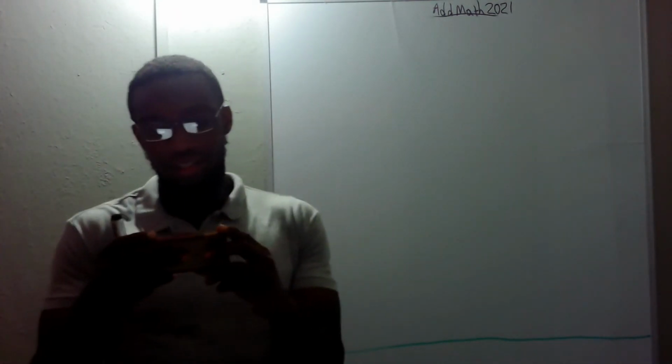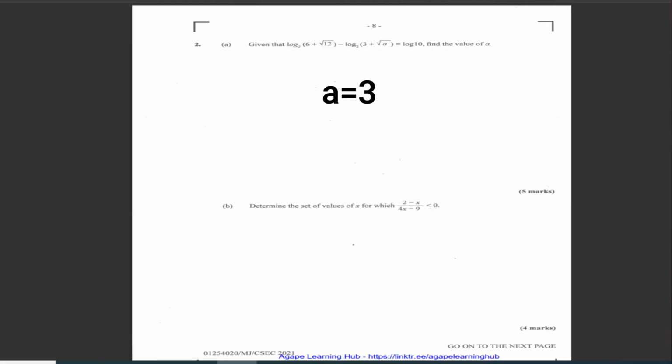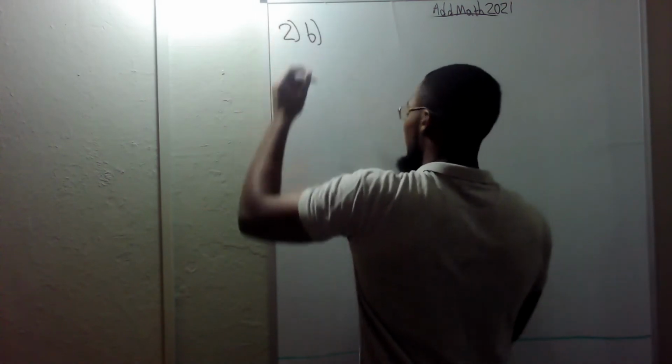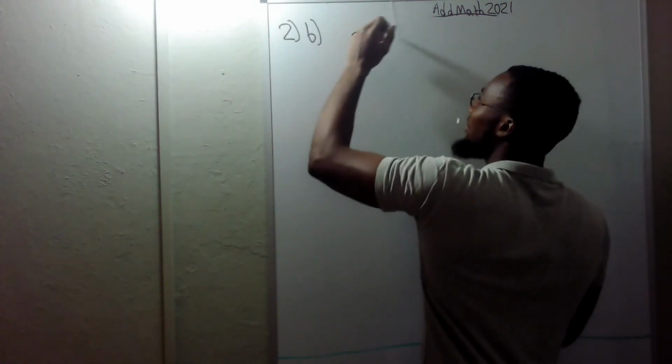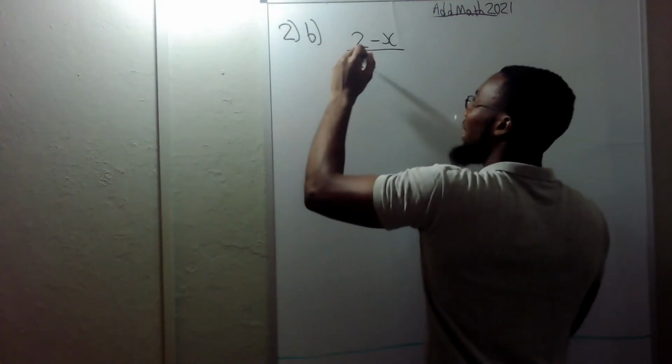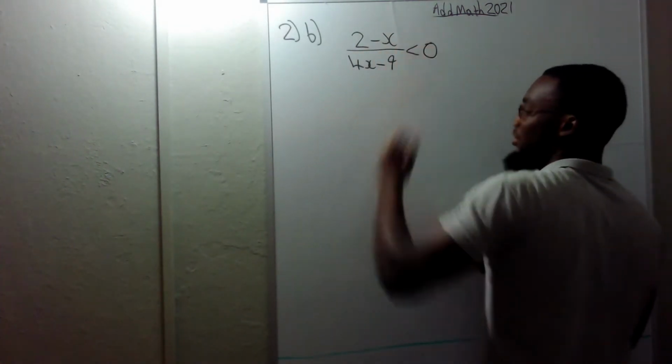Alright. The next part, guys, says determine the set of values for x for which 2 minus x over 4x minus 9 is less than 0. So question 2 part B, we have 2 minus x over 4x minus 9 is less than 0.